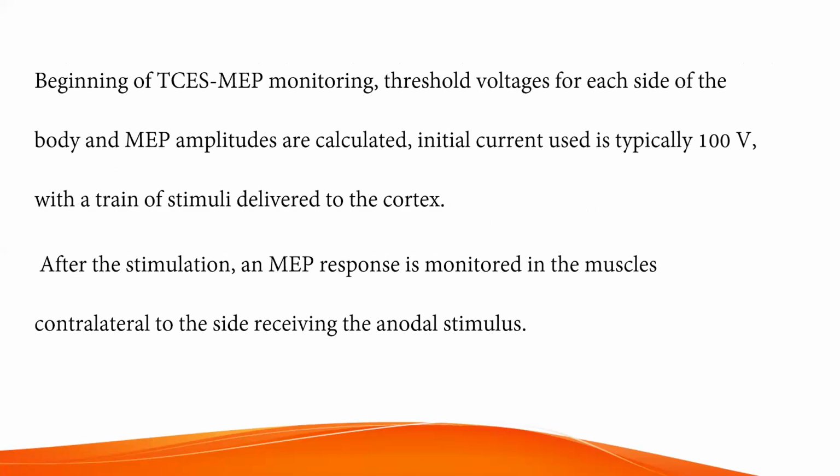At the beginning of transcranial MEP monitoring, the threshold voltage for each part of the body is recorded before starting surgery. The initial current of 100 volts is given, and the response is recorded. Then the voltage is increased in series to know the maximum voltage that can be given to the patient, and it is recorded.